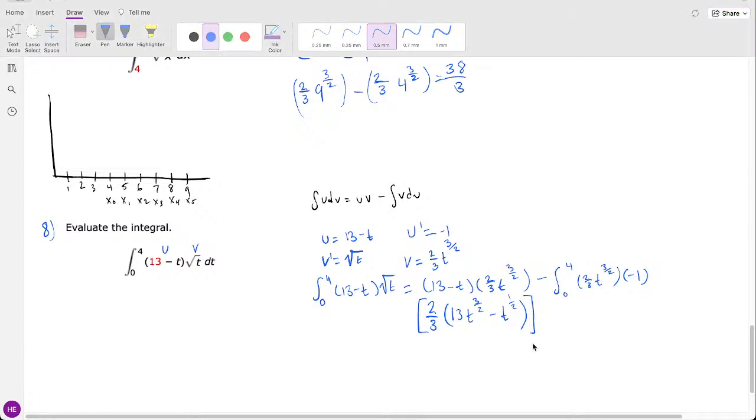Is that right? I think so. We have 4 here, 0 here, and then because this is a negative and that's a negative, that becomes a positive, right?